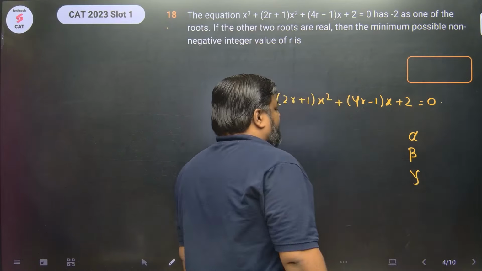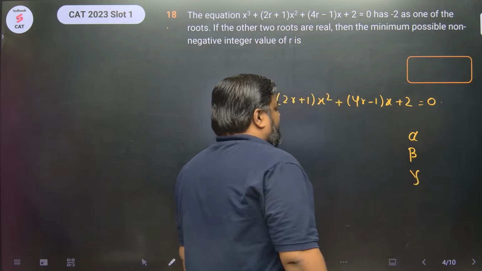For a cubic equation, you should remember the formulas, otherwise I am writing this again. Sum of roots is minus b by a. Sum of product of any 2 roots is c by a, and product of roots, alpha beta gamma, is minus d by a. These are the basic formulas.